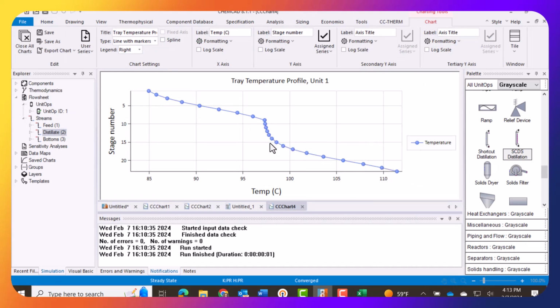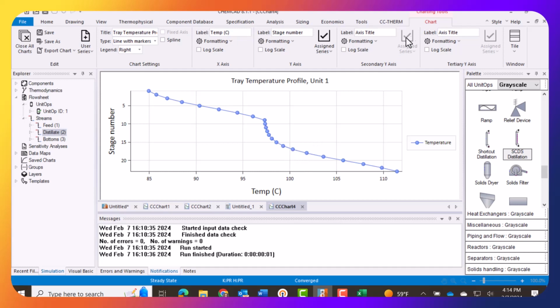In this case, it's showing the temperature. At the feed, it is much lower above the feed and much higher below the feed. Oh my goodness, speaking is not my best skill right now. So I can look at that.